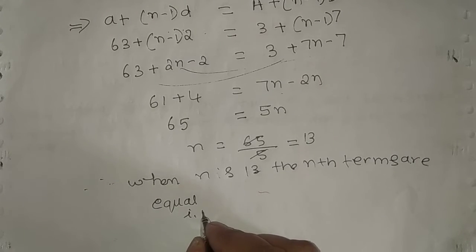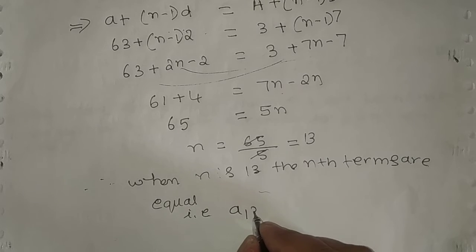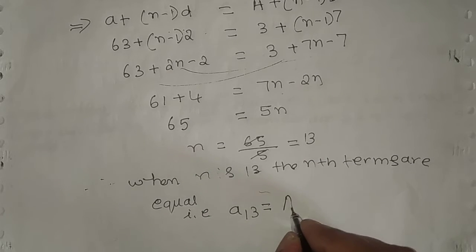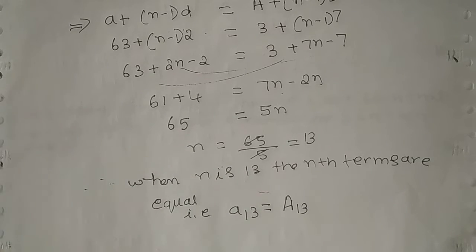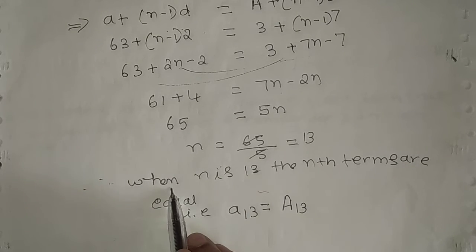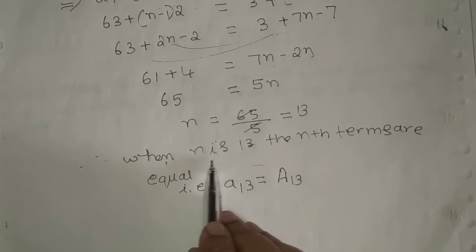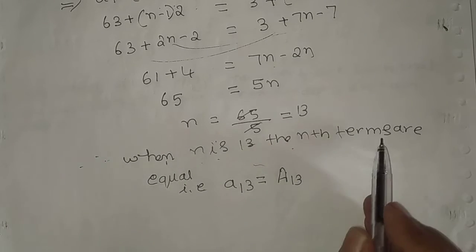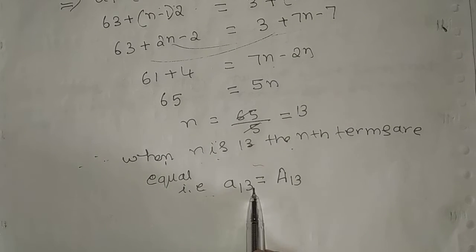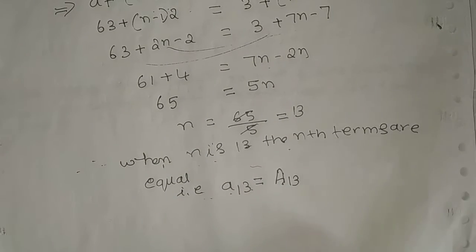Therefore, we can write a13 is equal to caps A13. So n is the same in this case. So finally what we can write, therefore n is 13, the nth terms are equal, that is small a13 is equal to caps A13. So this is the solution.